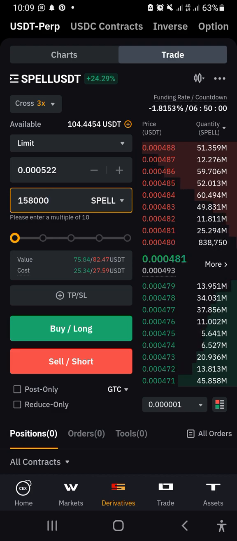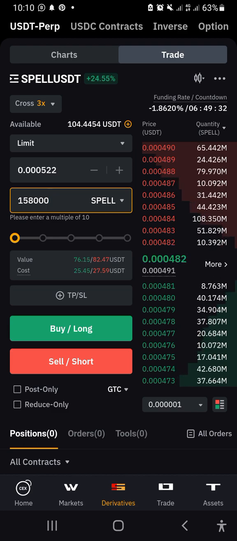This indicates that once the current price hits my limit price, I am saying that the price should go down. So when the price is going down, I will be in profit. But if the price gets to my limit price and keeps on going up, I will be in loss.